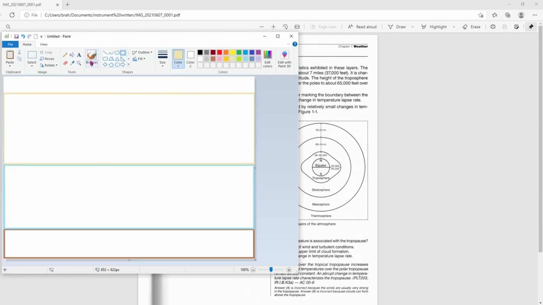Now, you've got the sun here, so we'll do a zoomed in version. Okay, and we've got the UVA rays that go all the way down.